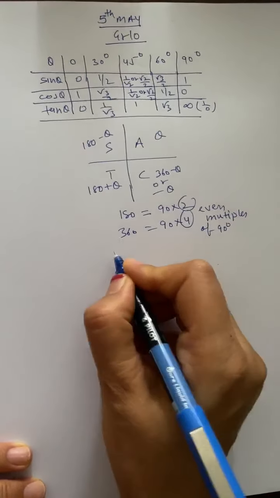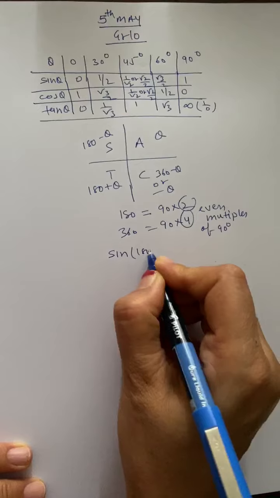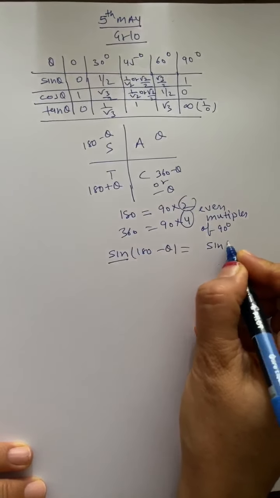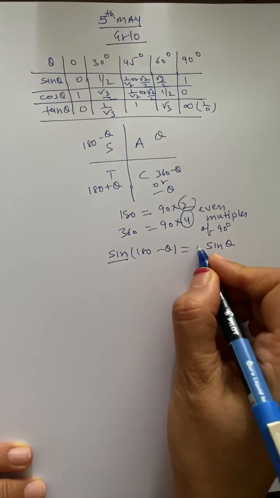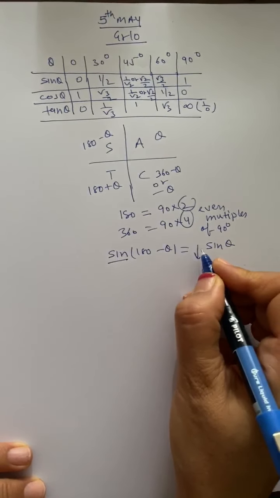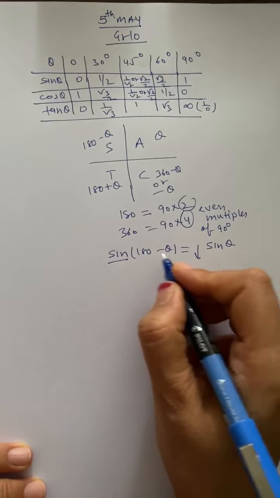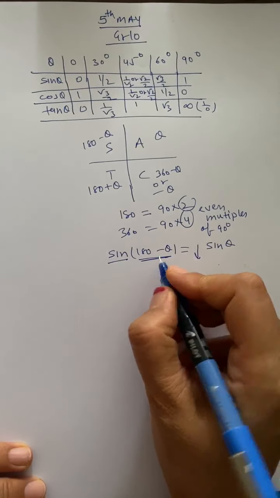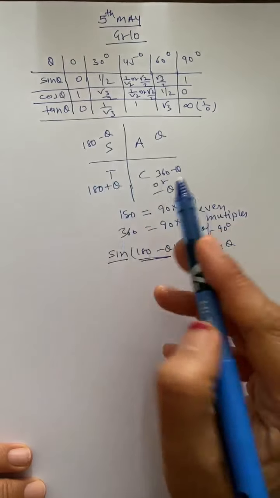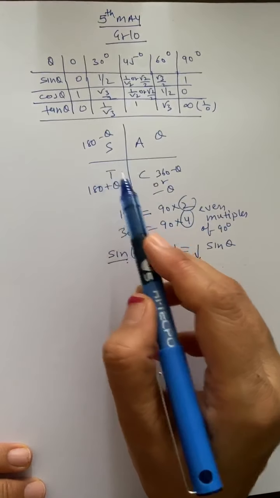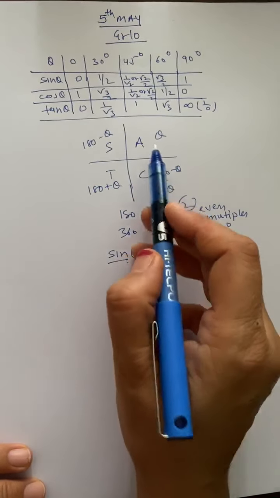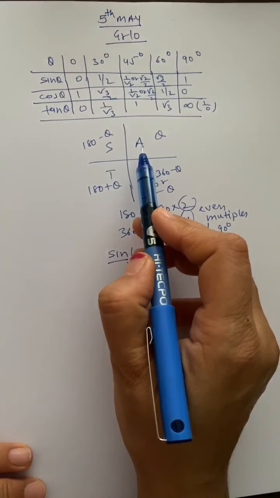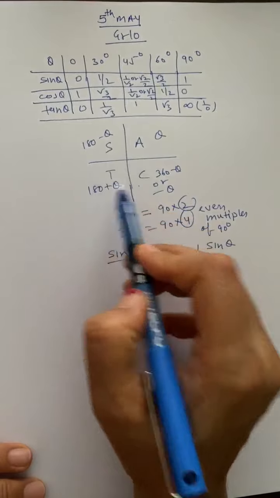And when this is the case, then for sine of 180 minus theta, the sign remains sine theta. In this case, whether it is positive or negative depends on which quadrant the angle 180 minus theta is in. In this case, 180 minus theta is in the second quadrant, and we know sine theta is positive in the second quadrant. I'm going to recall very quickly ASTC, and the easier way to remember this is add sugar to coffee.